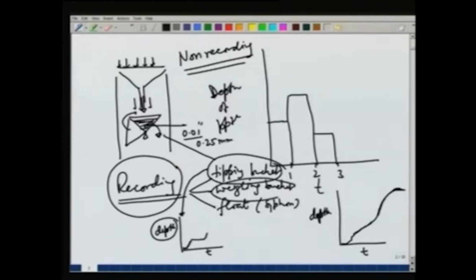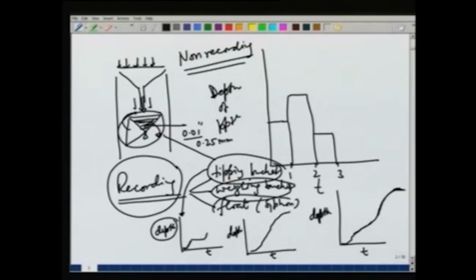Weighing bucket, simply instead of this tipping bucket here, we have a bucket whose weight is continuously taken, and the weight can be calibrated to give the depth, and it will again give us a continuous record like this.